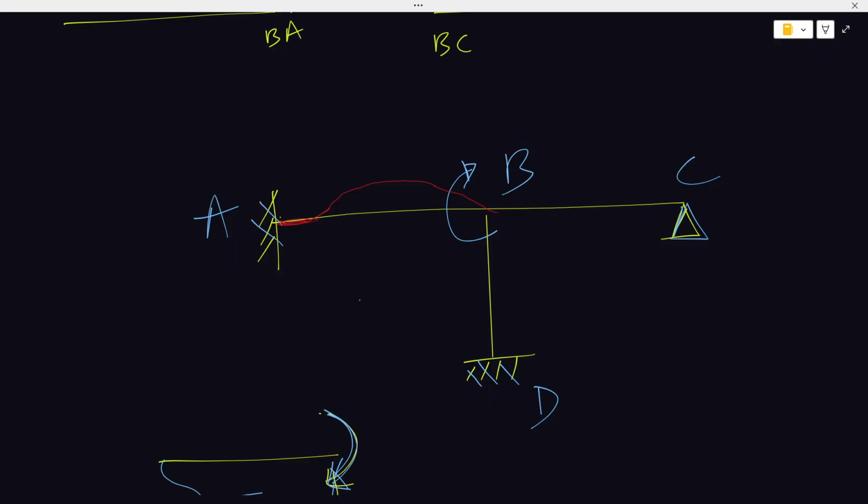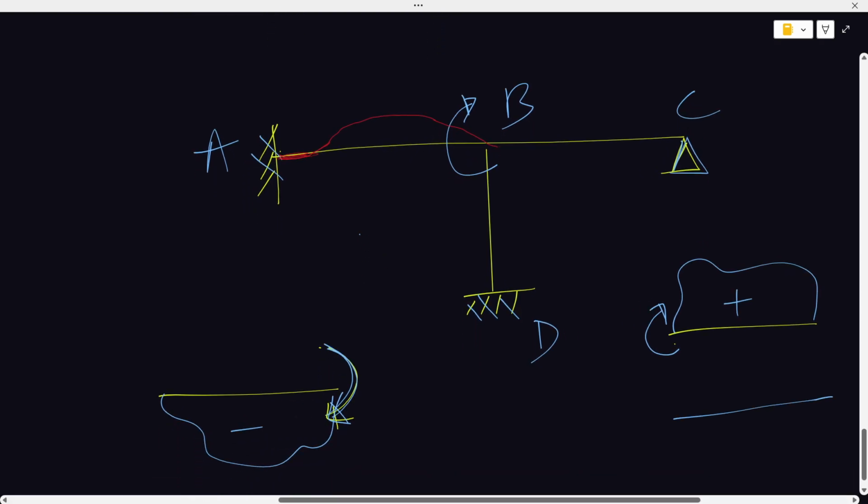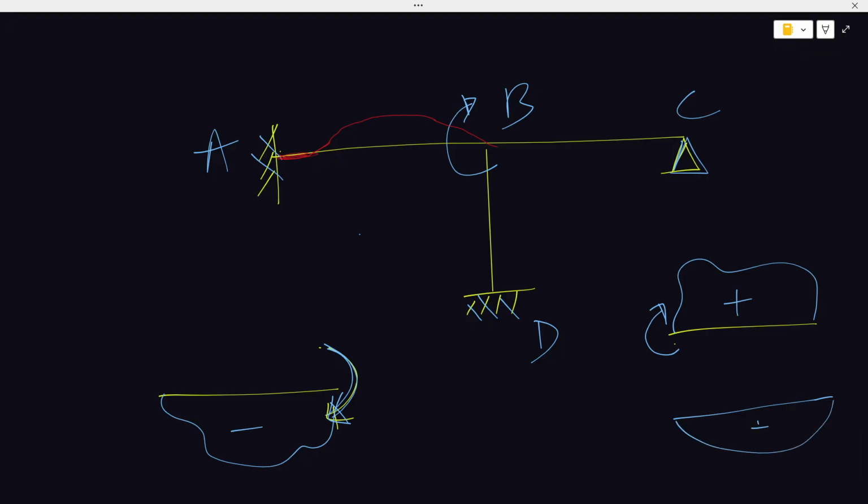Likewise for BC, detaching it, since the moment was this guy, I'll be having a positive moment, where my elastic curve will be a smiling face, so no positive, no negative. So I'll be having this for my elastic curve, moving with red once again.